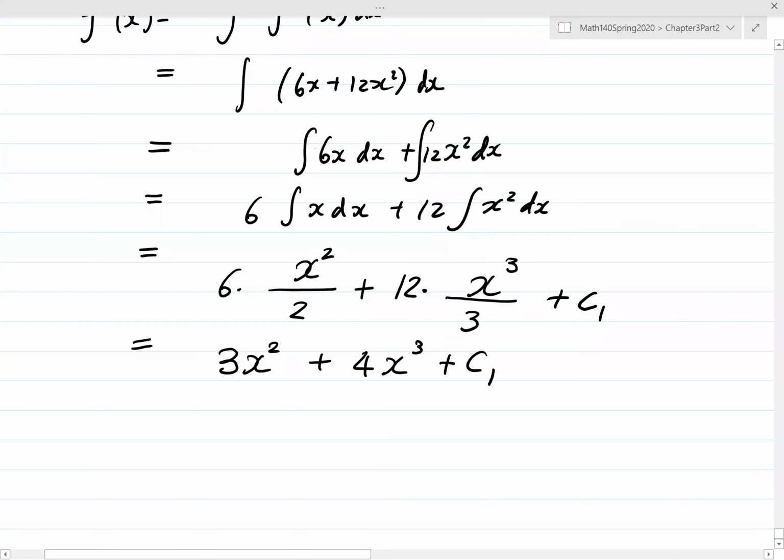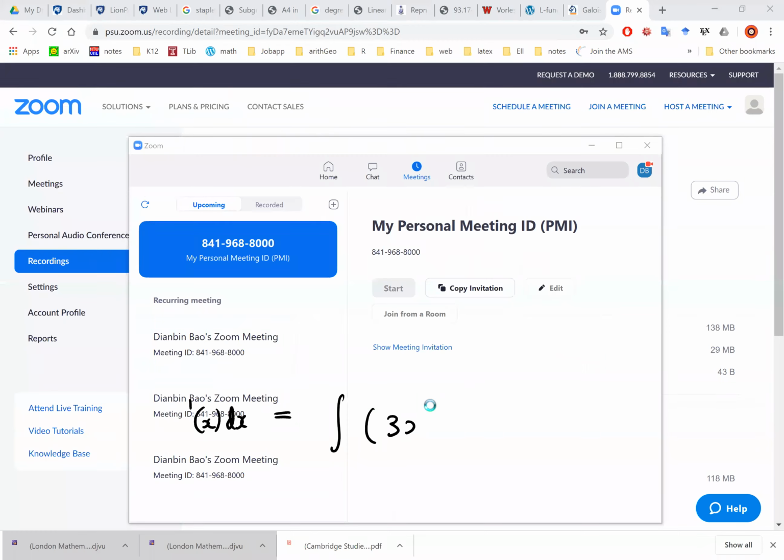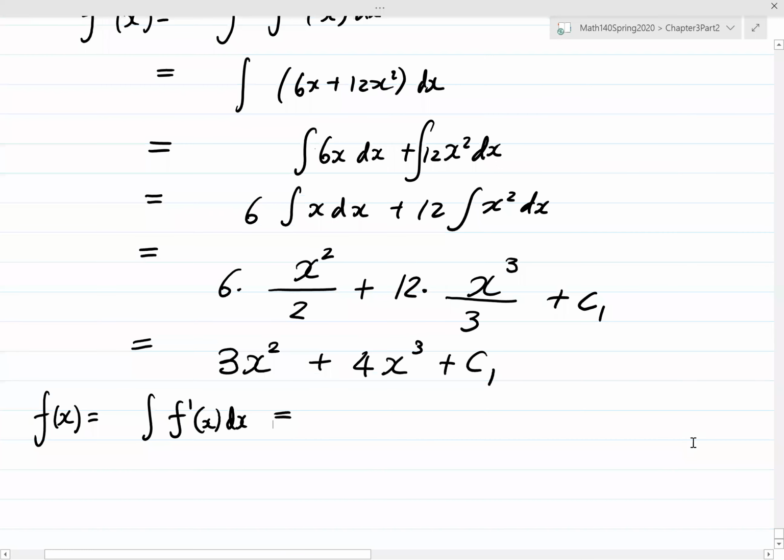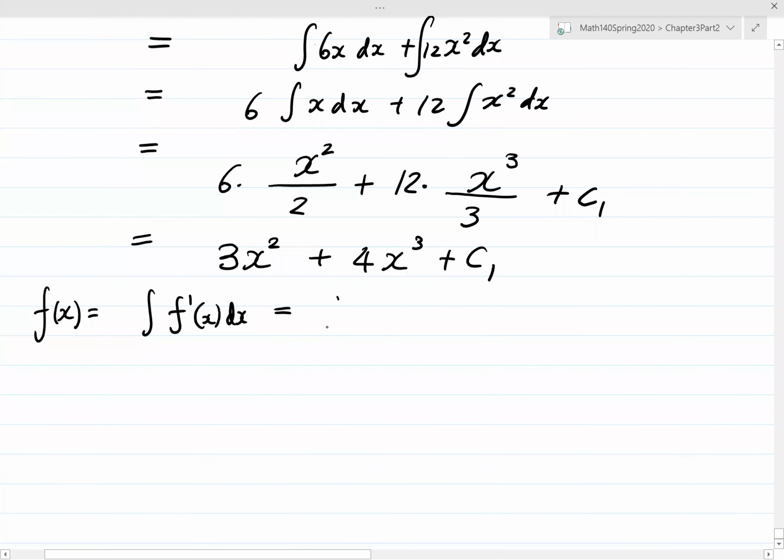Then we do antiderivative again. So this will be the integral of 3x squared plus 4x cubed plus c1 dx.